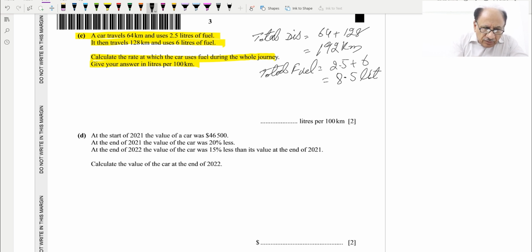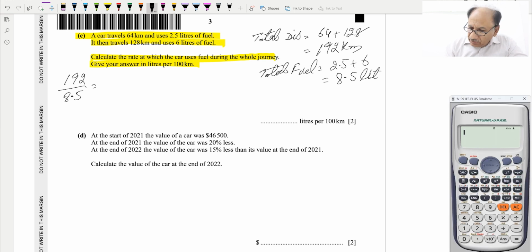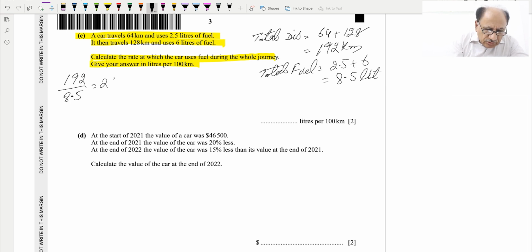So the total distance covered is 192 divided by 8.5 liters, and we can calculate how many kilometers per liter. 192 over 8.5 is equal to 22.588 kilometers per liter, but we need 100.